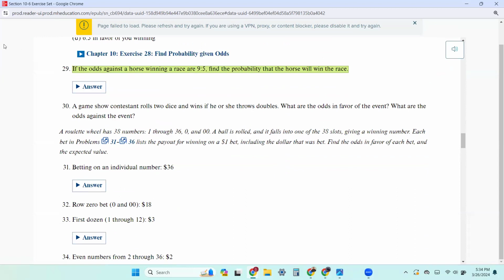Anybody got any ideas on how we could deal with something like this? If the odds against a horse race are 9 to 5, find the probability that the horse will win the race.